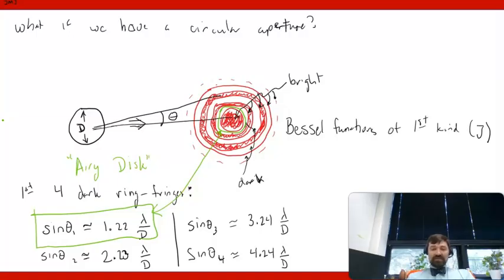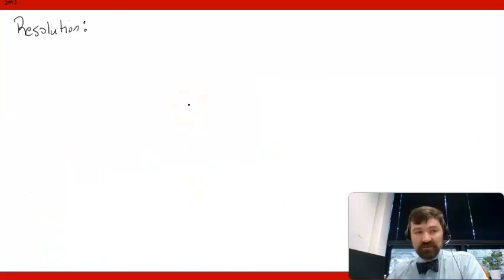And the reason why we care so much about the Airy disk is because that central bright one is much brighter than all the rest of the rings, to the point where it actually sets the resolution limit for a circular aperture. Basically, the Airy disk imposes a resolution limit.